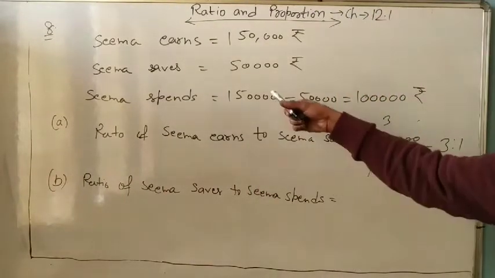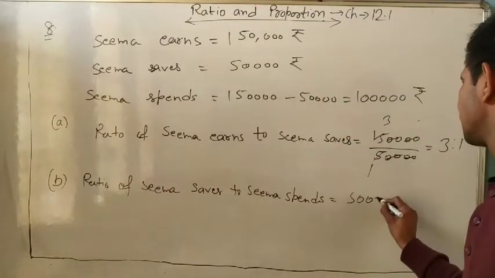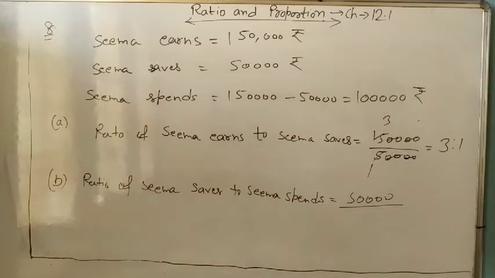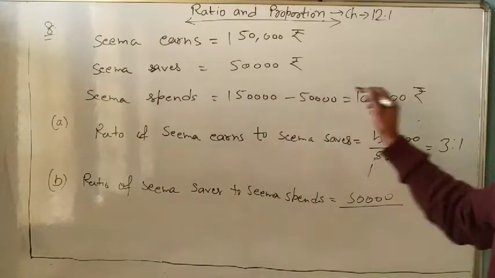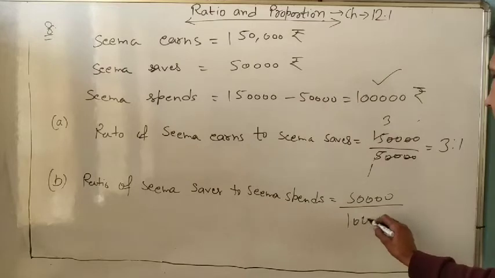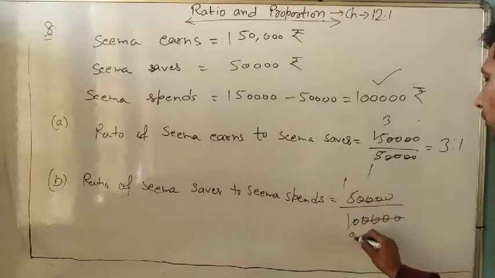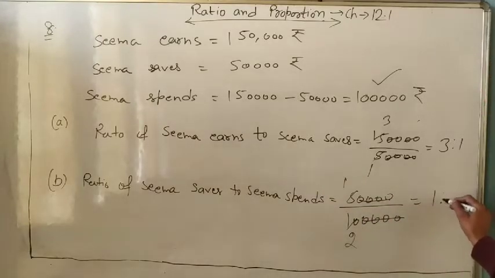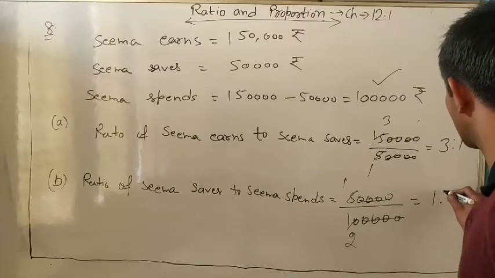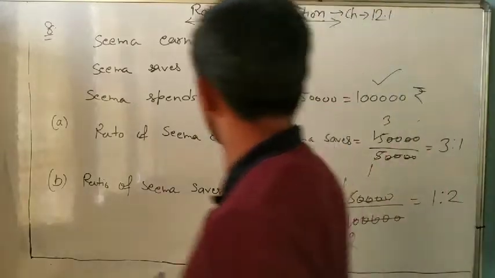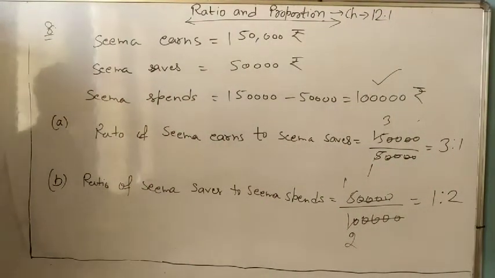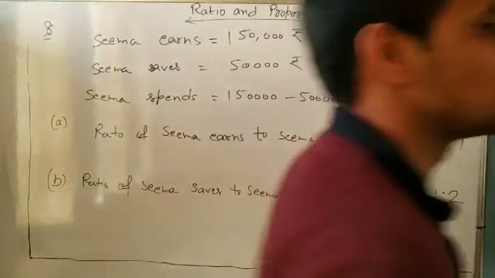Seema saves 50,000 divided by how much? She spends 1 lakh. So 0s cancel. 5 1s are 5, 5 2s are 10. So 1:2 is the ratio of Seema saves to spends. So it is your answer.